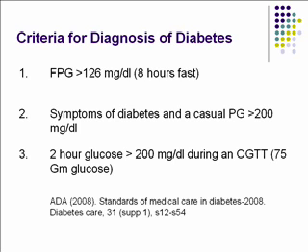A 2-hour glucose of greater than 200 milligrams per deciliter during a 75-gram glucose tolerance test. Any of these would suffice for a diagnosis of diabetes. It goes on the chart. Once it goes on the chart, you're implementing the standards of care of the American Diabetes Association for this patient.